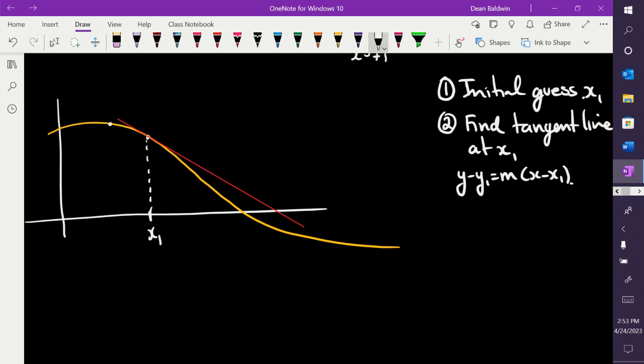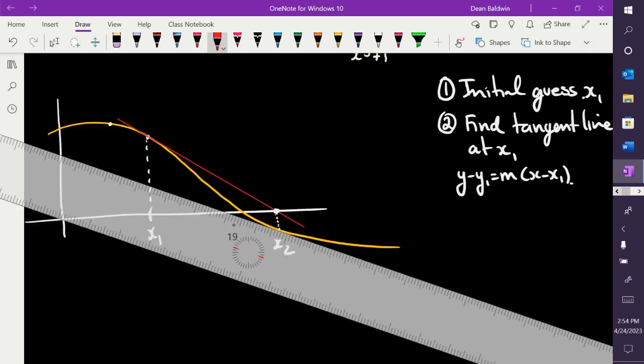All right. Then you take the x-intercept, which we're calling x2, of that tangent line. And you go down to the graph. And you find a tangent line at that point.